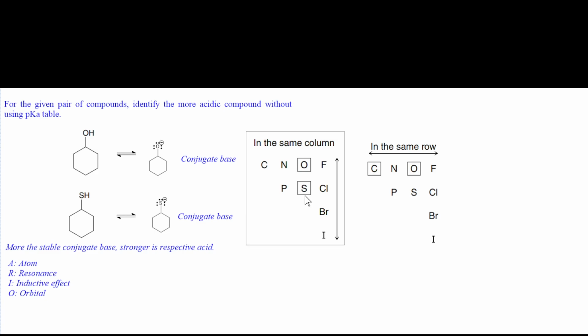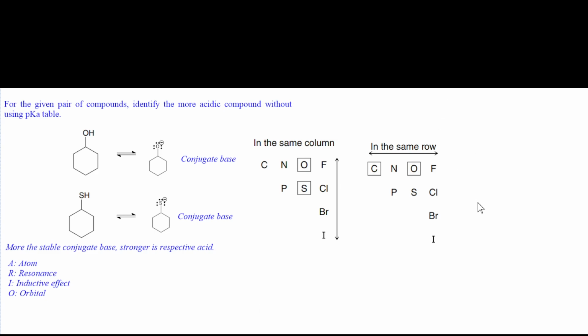The bigger the atom carrying a negative charge, the more dispersed that negative charge will be, and that's why it will be more stable. Here, electronegativity, not the inductive effect, but specifically electronegativity, doesn't play much of a role.